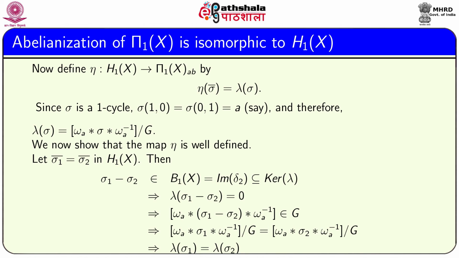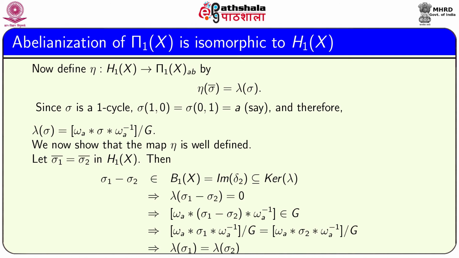Let σ1 bar be equal to σ2 bar in H1(X). Then σ1 minus σ2 is a member of the image of δ2, which we have already proved is a subset of the kernel of λ, and therefore λ on σ1 minus σ2 will be the trivial element.